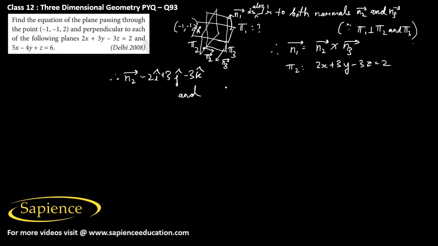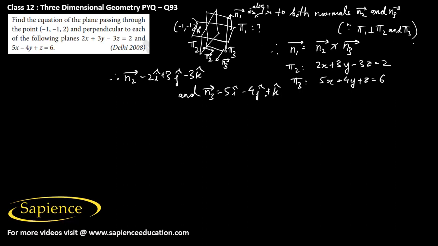And the equation of pi3 is given as 5x minus 4y plus z equals 6. So the normal vector n3 to the plane pi3 will be 5i cap minus 4j cap plus k cap.